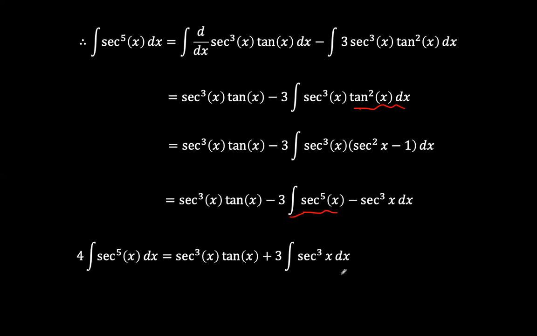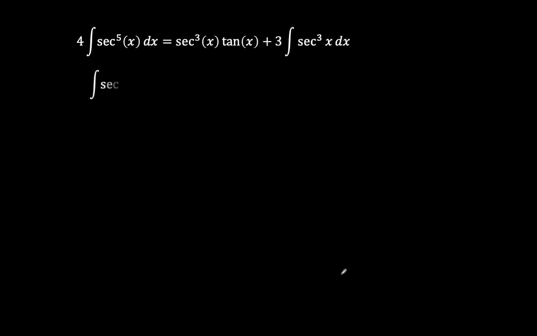Okay, we're progressing. Then the next stage is obviously we can divide both sides by 4 so that we remove that constant on the left-hand side. And so we have the integral of sec to the power 5x being equal to a quarter sec cube x times tan x plus 3 over 4 times the integral of sec cube x.